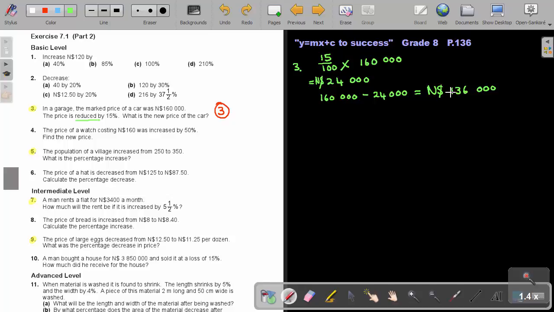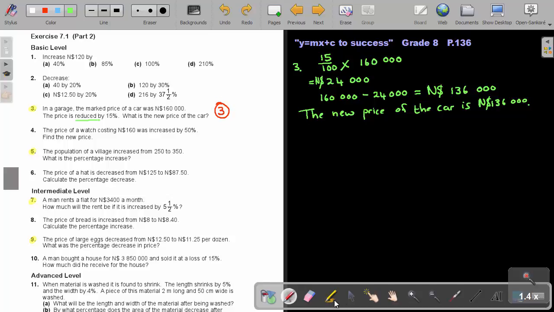Because it's a practical sum, we're going to end by saying the new price of the car is, and now you can just say that amount and put a point. So can you see that this was like method 3?